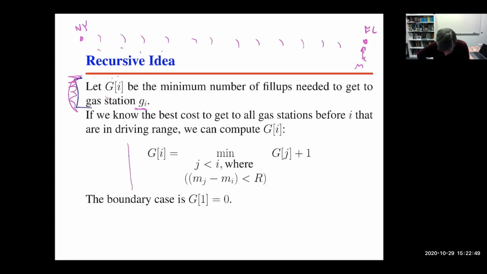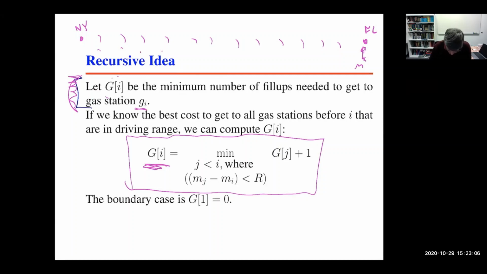And I claim this recurrence relation does it. So I want you guys to look at this very carefully. What is the minimum number of filling stations to get to gas station I? Well, I claim it is the minimum over all J, where J is less than I, where the mile marker of I minus the mile marker of J is less than R. What does this mean?